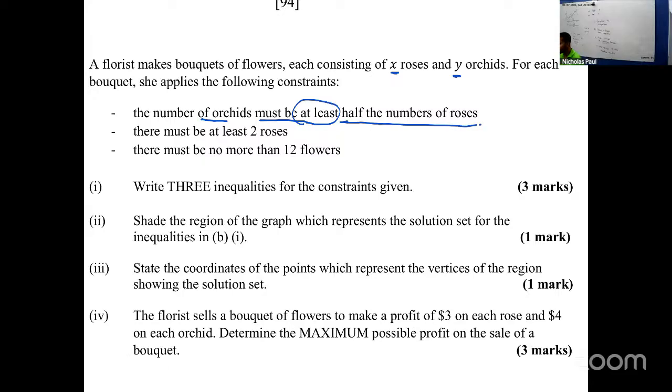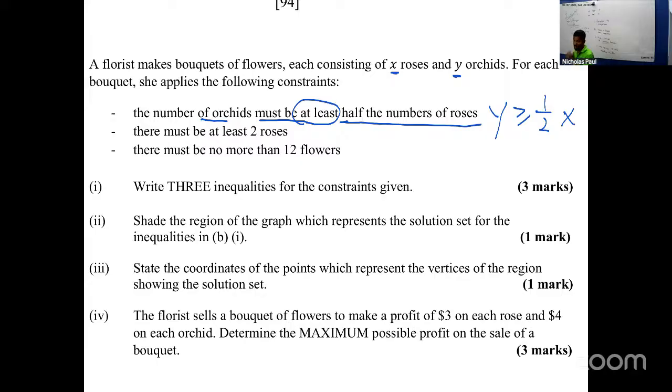How do I turn that into an inequality? Orchids is Y. At least is what symbol? At least is greater than or equal to, and half the number of roses, half of X. That's it.